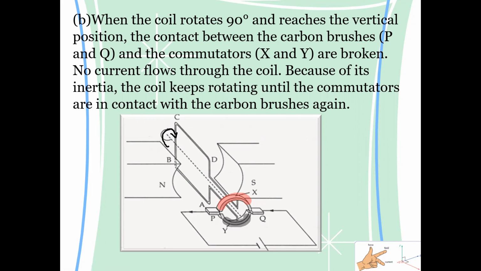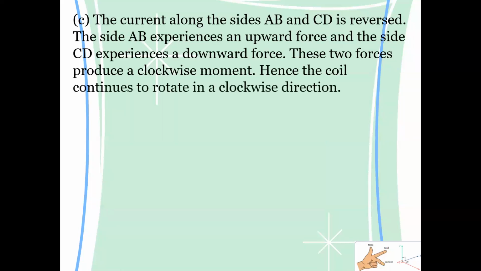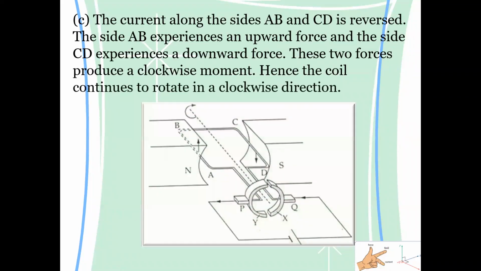And then it will return back to the horizontal position. So now it is at the horizontal position. X is on the right hand side, and Y is on the left hand side.